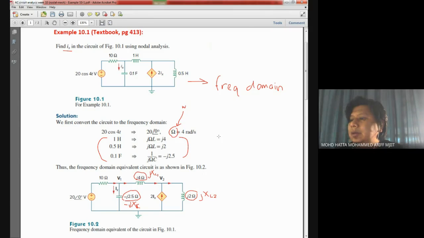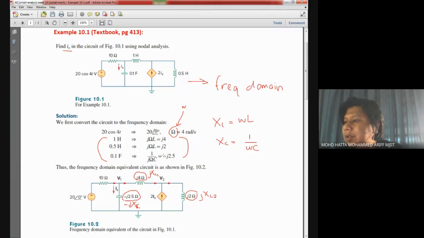And for XL, it is given by omega times L. And XC is given by 1 over omega times C. You might wonder why this one doesn't have a negative, but here we have a negative.